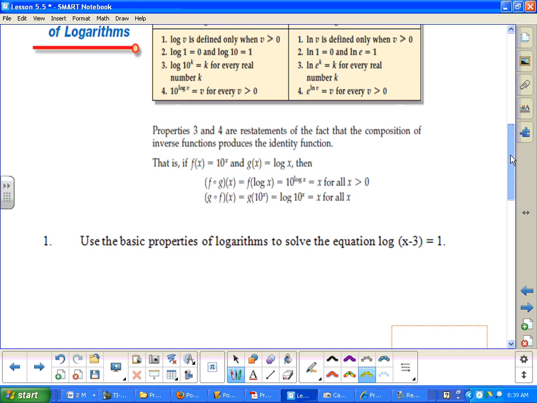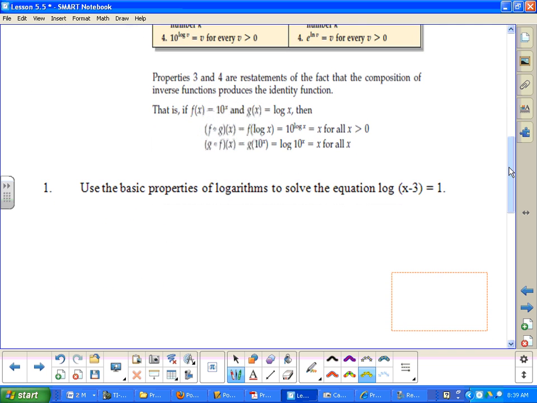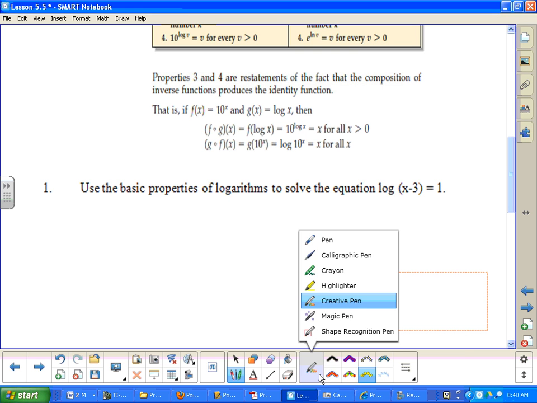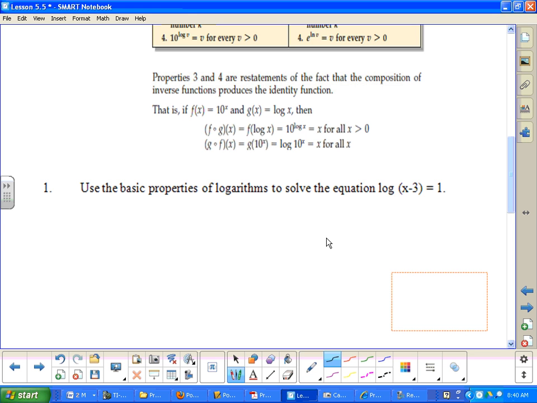So here are some of the basic properties about logarithms. When we're solving problems, number 1 says use the basic properties of logarithms to solve the equation log of x minus 3 equals 1. We don't know how to do that using the logarithm, but we can change this to exponential and say that 10 to the first power is equal to x minus 3.